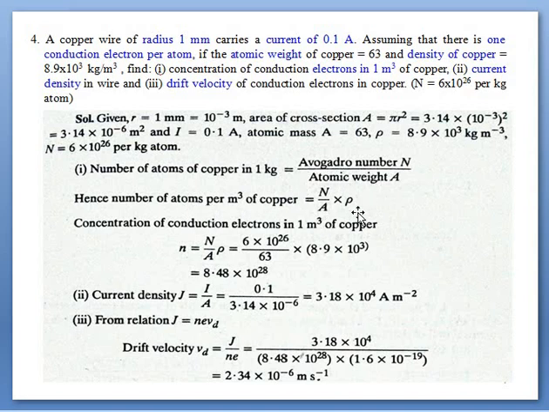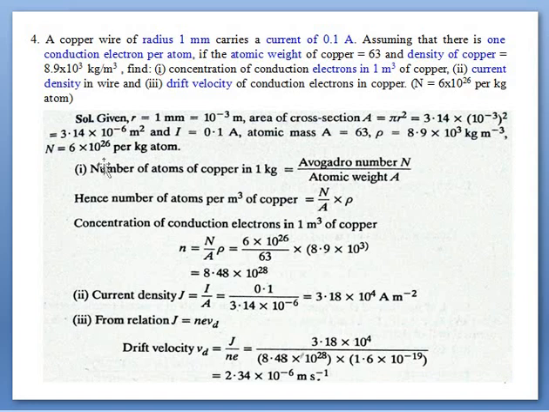As we know, by following this equation we can find the atoms per meter cube, where capital N represents the Avogadro number, A the atomic weight, rho the density. Density is given, atomic weight is given, and the Avogadro number is a constant, 6.02 into 10 power 26 per kg atom, or 10 power 23 per gram atom.